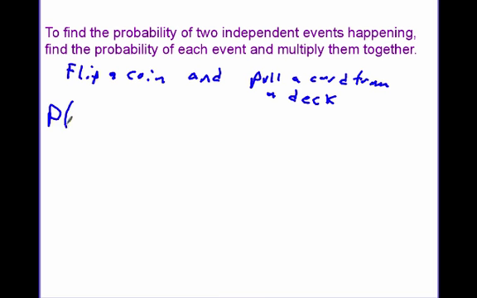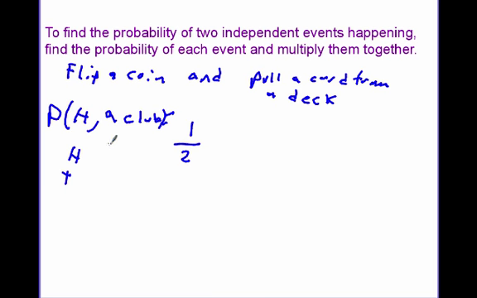I want to know what's the probability of me getting heads and a club. To figure that out, I'm going to take the probability of getting heads and the probability of getting a club, and multiply them together. The probability of getting heads, well, my options are heads or tails, so it's 1 out of 2, 1/2.